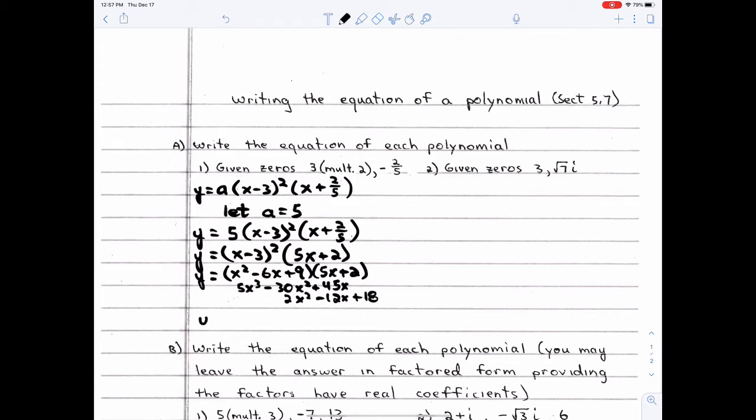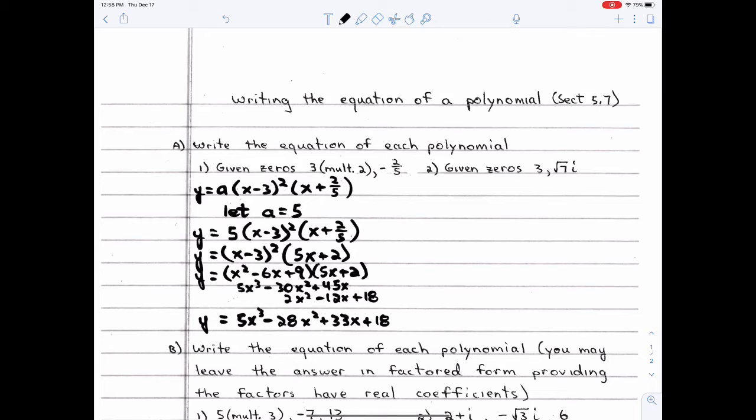Okay, so what do we get? Y equals 5x cubed minus 28x squared plus, what would that be, 33x? Hopefully I didn't make a mistake there. And then plus 18.